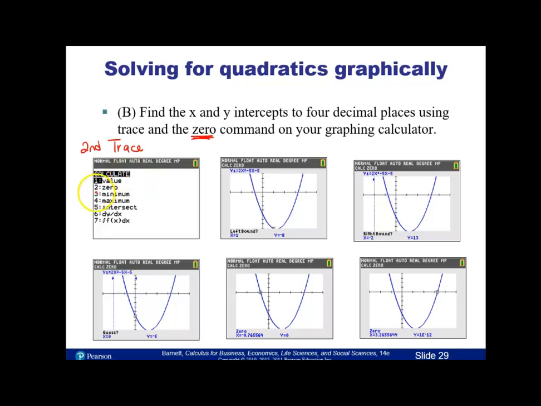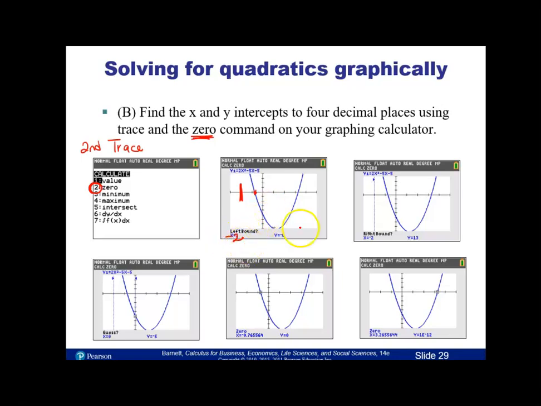That's the calculate menu, and you want to choose 0. Okay. Once you choose 0, it's going to prompt you for a left bound. So let's say we're trying to find this 0 here. Okay, so a left bound might be somewhere here. So just a number to the left of the 0 that you're trying to find. So I typed in, for a left bound, we'll put -2.